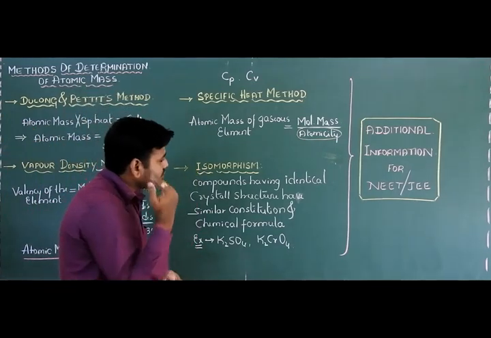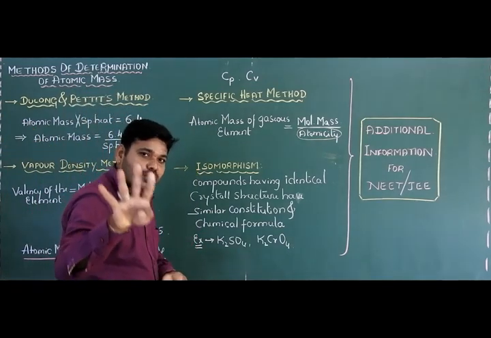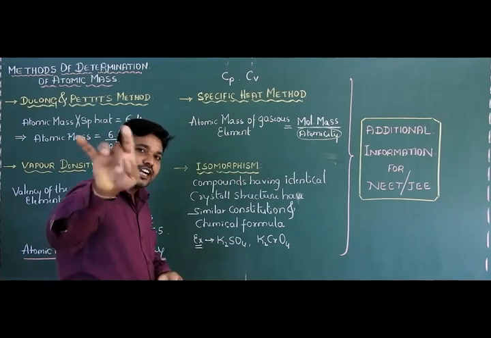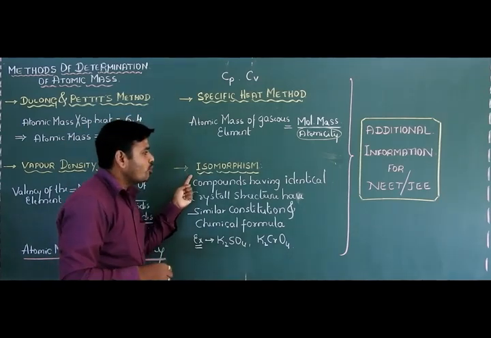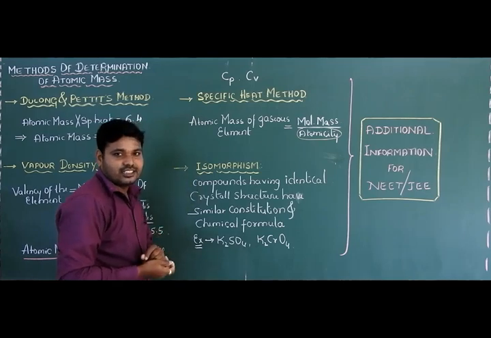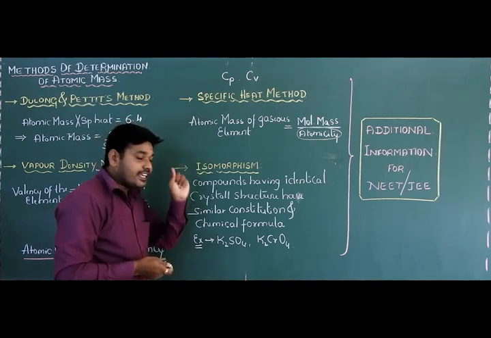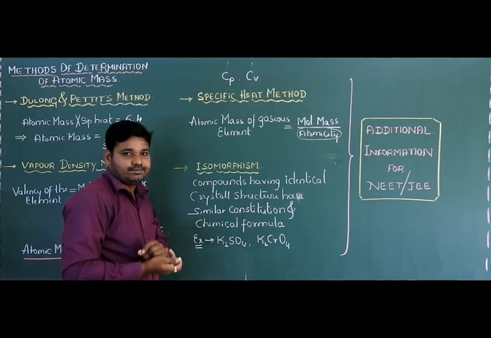Okay, and now coming to the fourth important method of determination of atomic mass. The fourth method is called the isomorphism method. Listen to this fourth method, the isomorphism method.